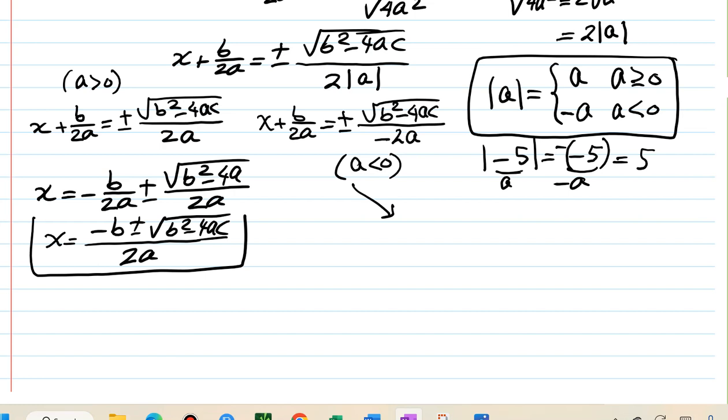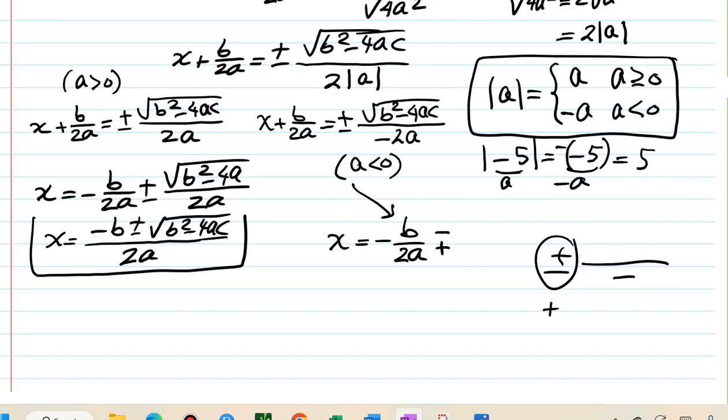Now let's carry this one over. I'm going to do the same thing, subtract b over 2a from both sides. Now, in here, you see, I have plus minus, and then I have negative in the denominator, true? So I'm going to make that minus plus. The reason is this: remember, plus minus means you have two answers here.